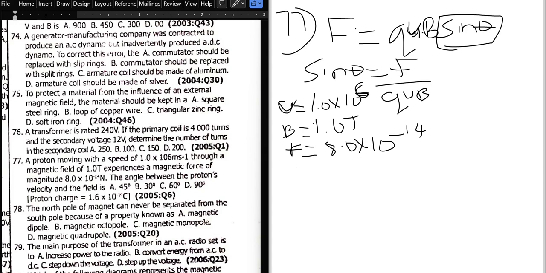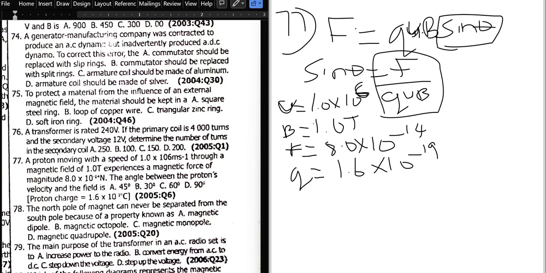Then we have your Q, which is the proton charge, 1.6 times 10 raised to the power minus 19. So plug all this in. Any answer you get, you then find the inverse sine of that answer. So theta is equal to sine inverse of that number, and you get your answer. All right, let's go.